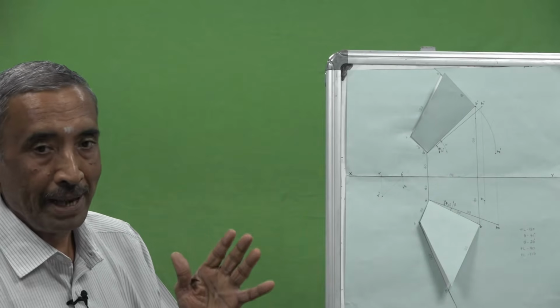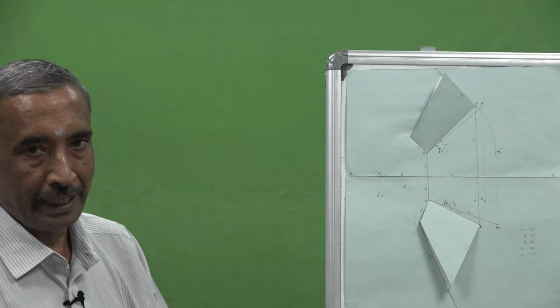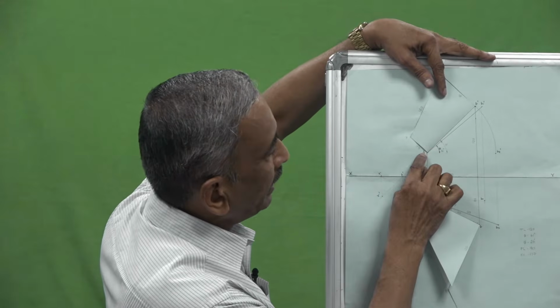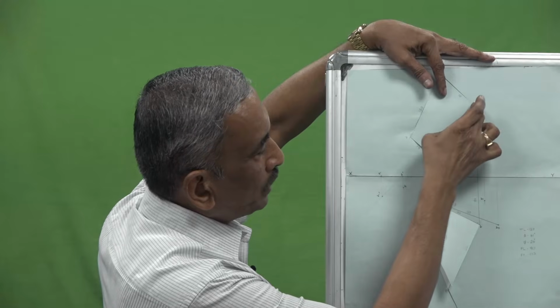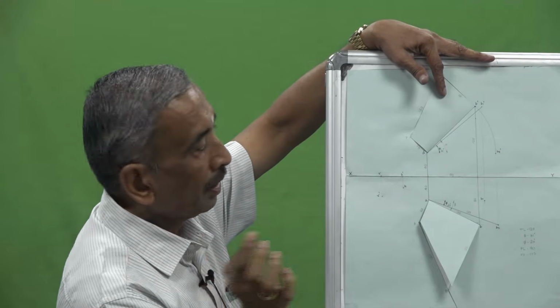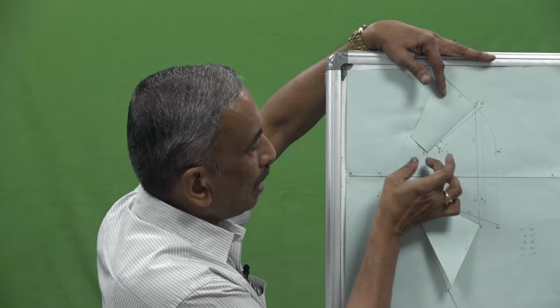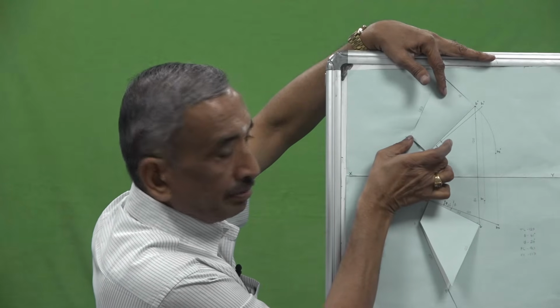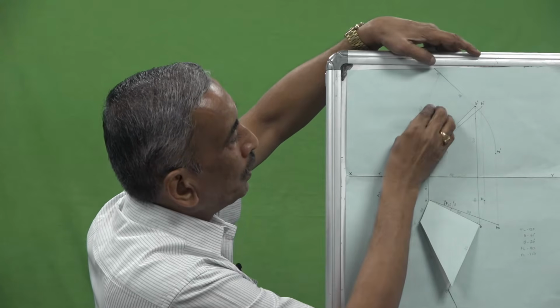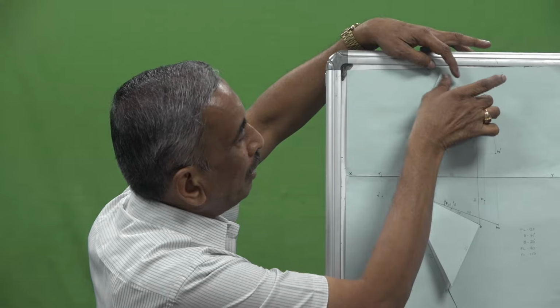Now, if you want to make the model yourself, that is the main objective, what you do is, from the point A dash to the line A dash B dash, you draw two vertical lines. So, you take the distance of 40 mm and measure here. On the other vertical drawn through B dash, you draw a length of say 80 mm.